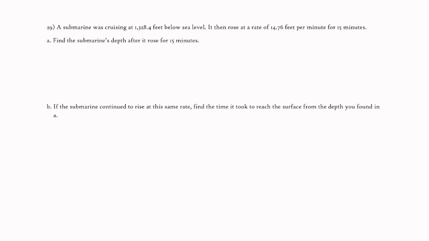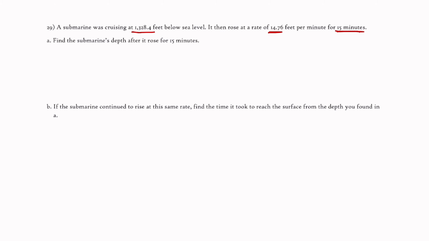And question 29. A submarine was cruising at 1,328.4 feet below sea level. It then rose at a rate of 14.76 feet per minute for 15 minutes. Find the submarine's depth after it rose for 15 minutes.